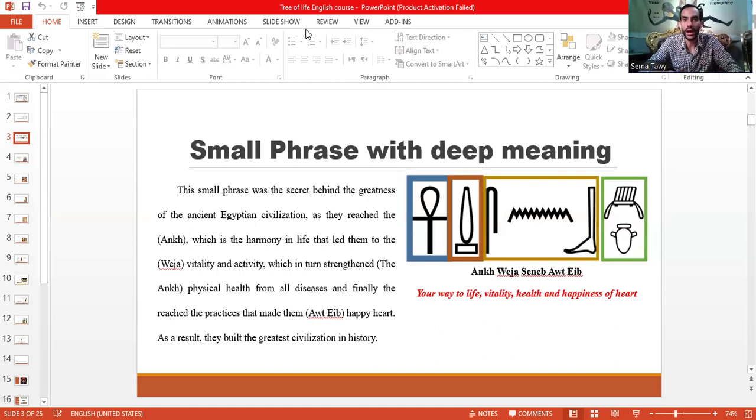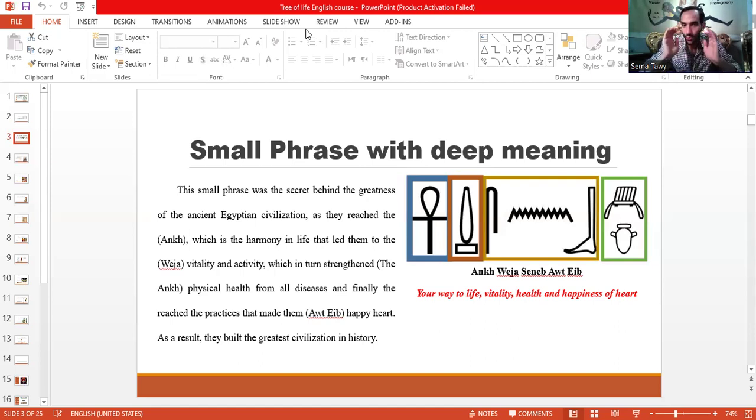And if you become the strongest one in the level of physical, in the level of spiritual, your heart will be happy, your soul will be happy, will be shiny, will be radiant.